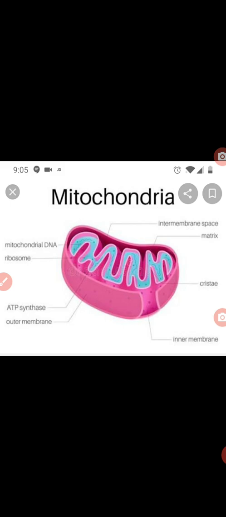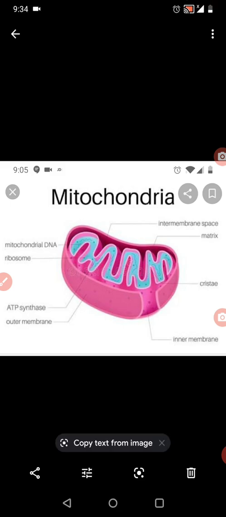Second, mitochondria is also known as the powerhouse of the cell. Now why is it known as the powerhouse of the cell? Children, during this oxidation process of the foodstuff, it takes in oxygen and releases CO2 and water.